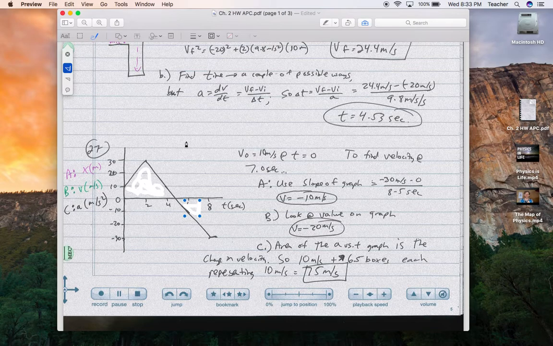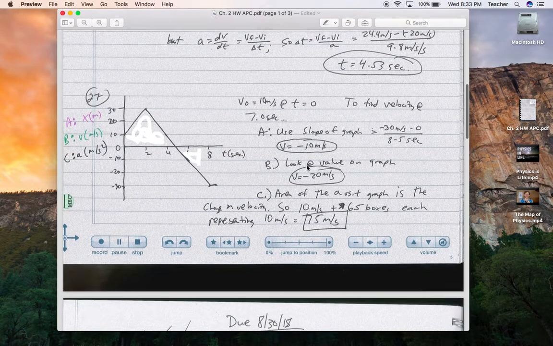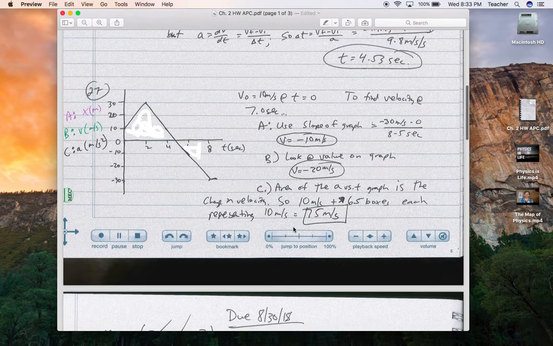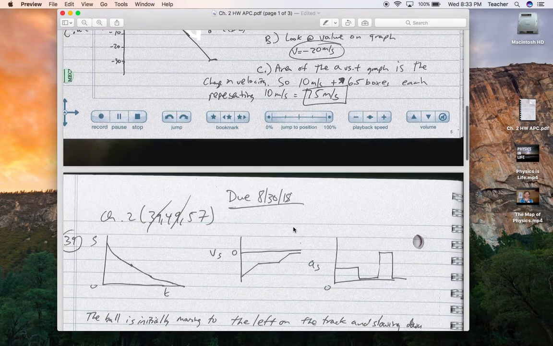So up to 7 seconds. And you can use symmetry to do that a little more simply. I think what you get then is a positive 65 as the area. I counted that by 6.5 boxes in the graph. And you started at 10 meters per second, so that ends up at a velocity of 75 meters per second.